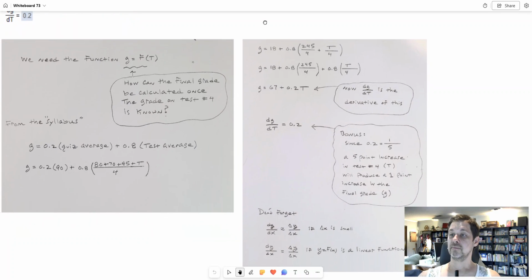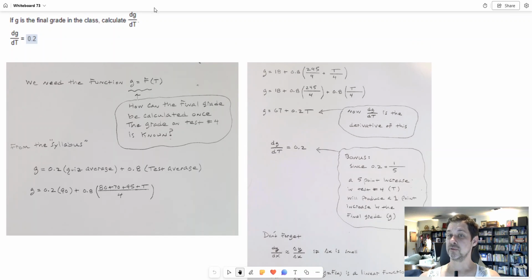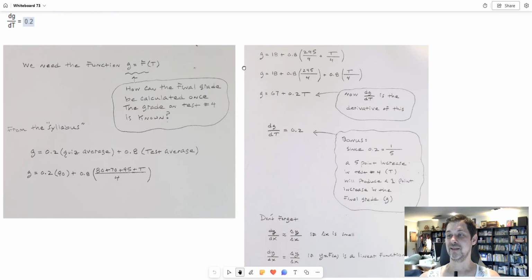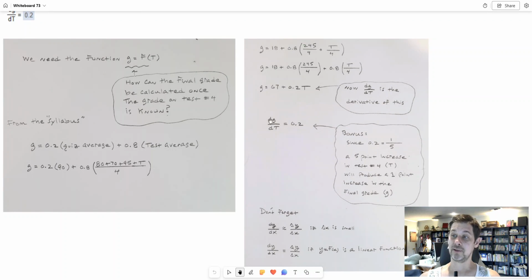The simplifying that I'll do is going to go like this. 0.2 times 90 is 18. I'll add 80, 70, 95, that's 245, and I'll split this fraction up in order to isolate the variable. Because if I'm going to use the rules of derivatives, it would be easiest to apply them if I had this variable isolated, rather than mixed in with all this.